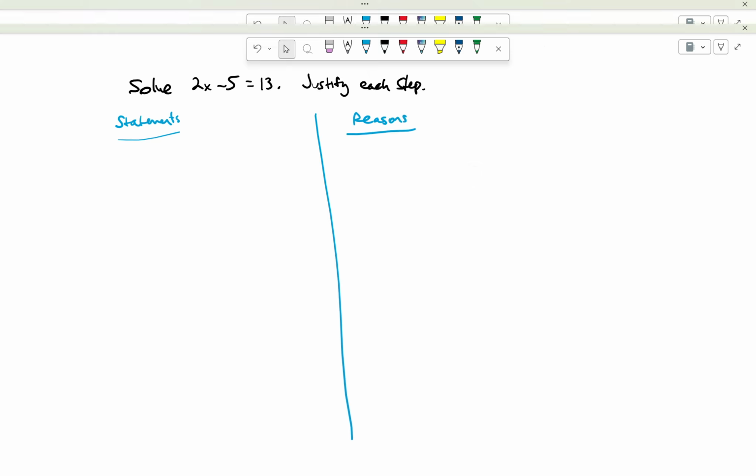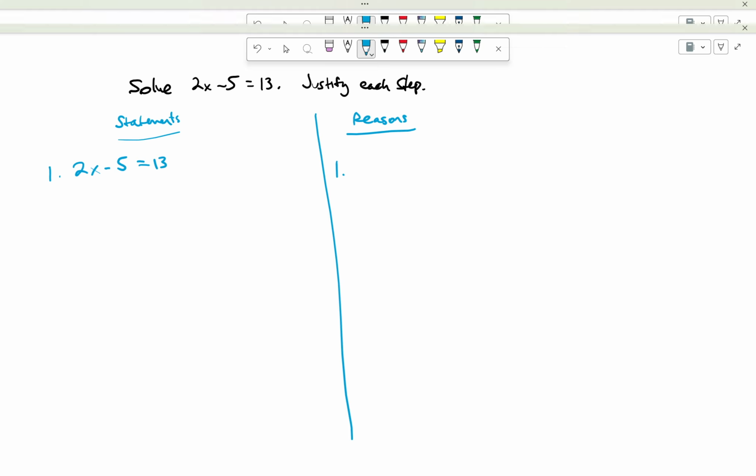Now, to do a two-column proof, here's how this works. We're going to enumerate every single one of our statements and reasons. The very first thing we have is the problem itself, our first step: 2x minus 5 equals 13.